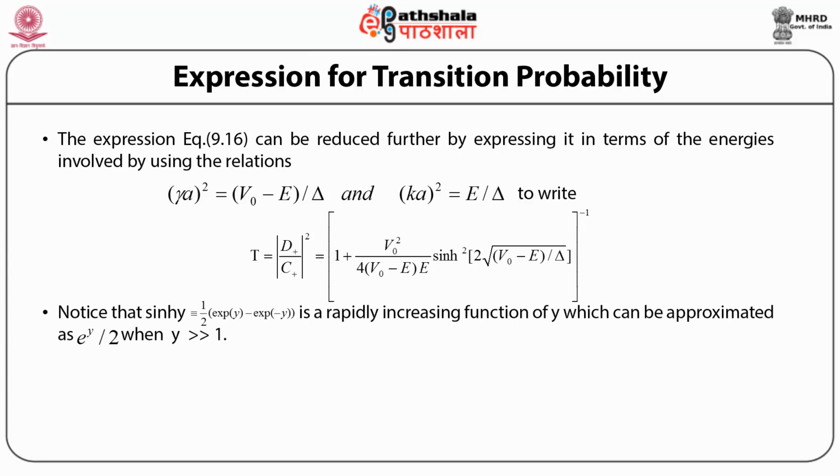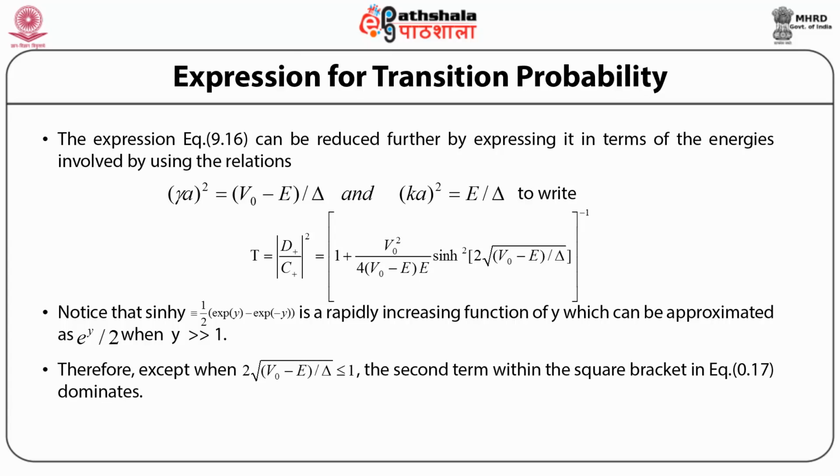Notice that sinh y is equal to 1 by 2 times exponent of y minus exponent of minus y, which is a rapidly increasing function of y and can be approximated as e raised to the power y by 2 for y much greater than 1.